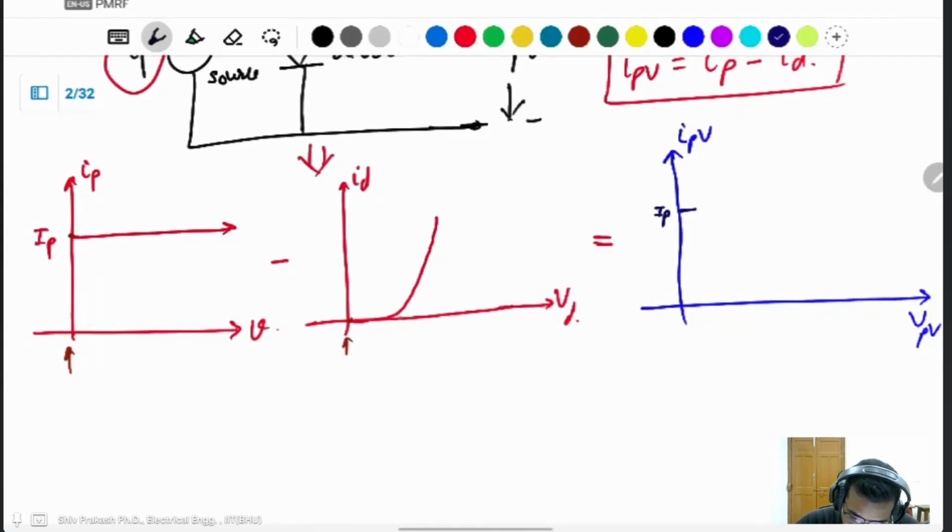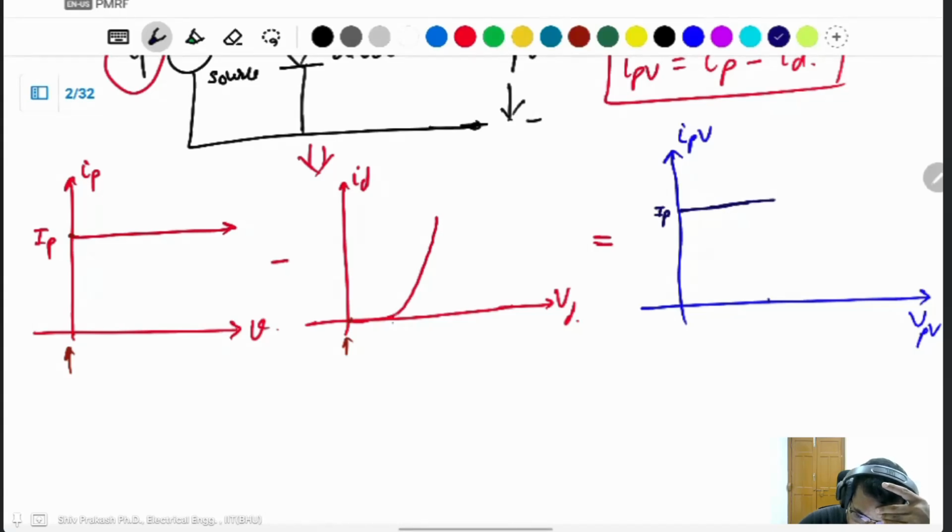At some point this is 0 because of the cutoff voltage. If it exceeds the cutoff voltage, then the current through the diode increases. Before that, the same current keeps flowing.